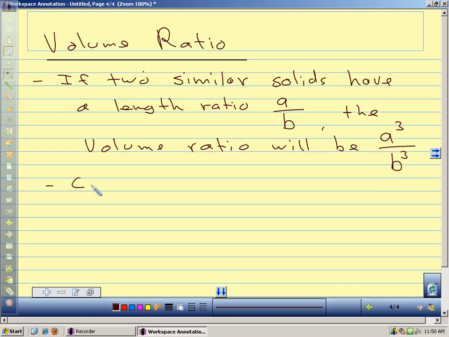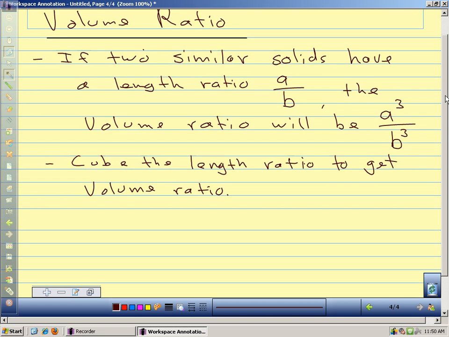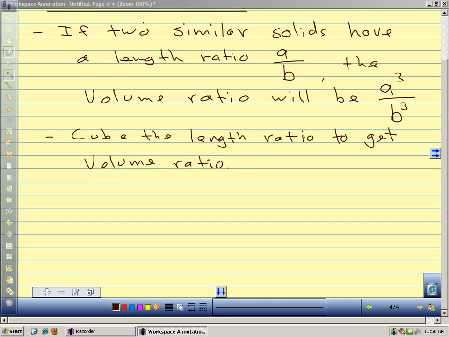So we cube the length ratio to get the volume ratio. Just like we cube a length to get the volume of a figure, to get the volume ratio, we cube the length. So let's look at an example of using this.